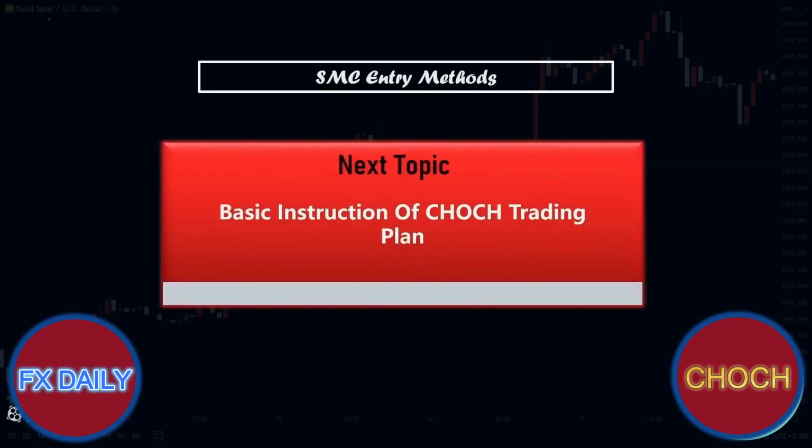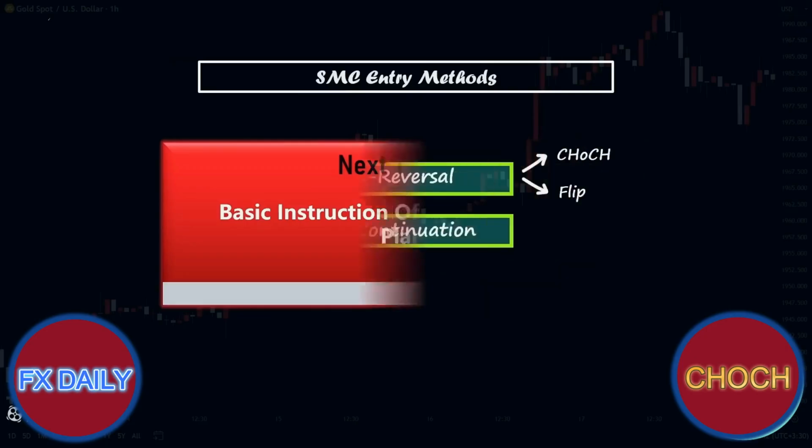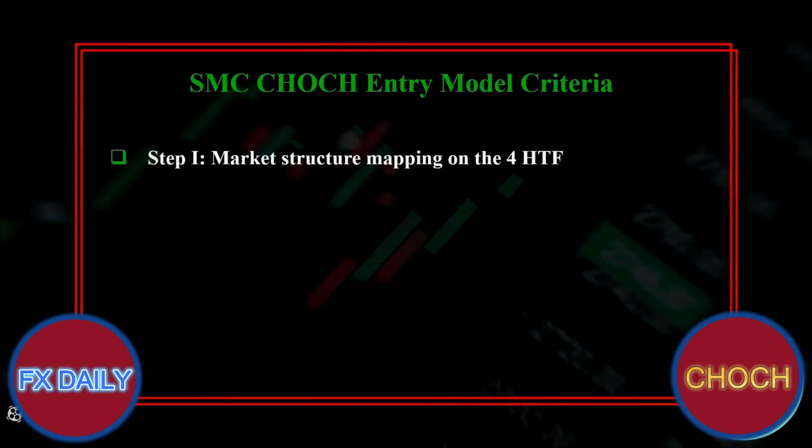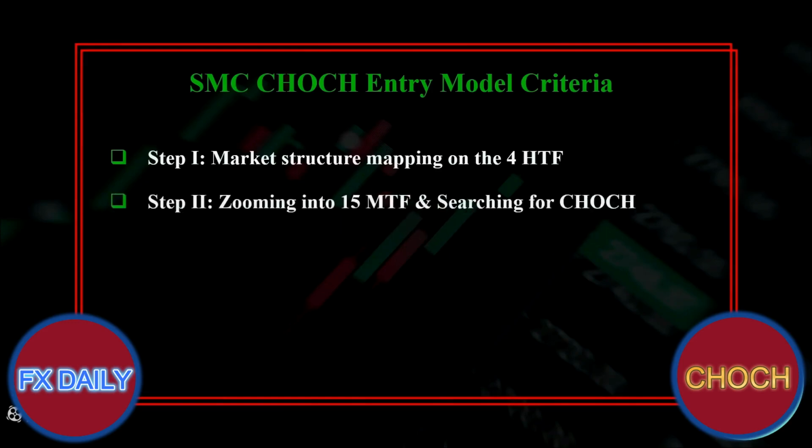So, let's go to the main instructions that we need to follow so that we can turn change of character into a strategy. First of all, we have to draw the market structure in the 4-hour time frame and mark the important and unmitigated areas, and then wait until the price enters one of the price zones of the same time frame. Next, we will come to the 15-minute time frame to have a more detailed view of the price action and look for any signs of change of character or new behavior in the market.